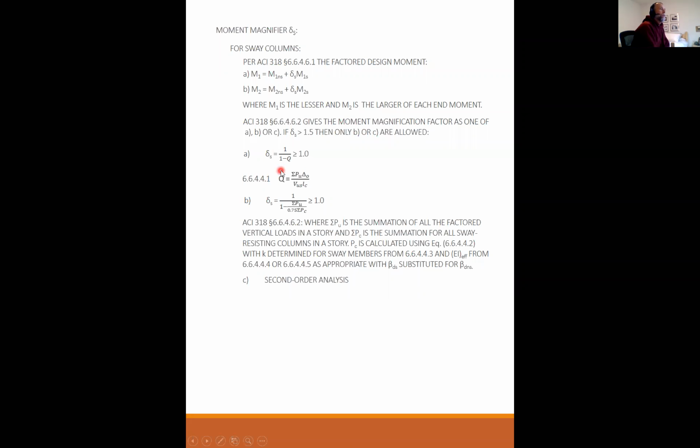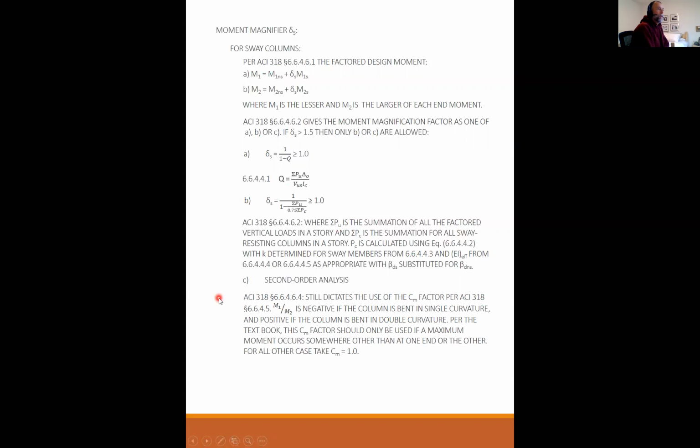Or if you don't want to do it using method A or method B, then you can just do a full-blown second order analysis, which is expensive and difficult, generally not done in practice. ACI section 6.6.4.6.4 still dictates the use of a CM factor per ACI 318-6.6.4.5.